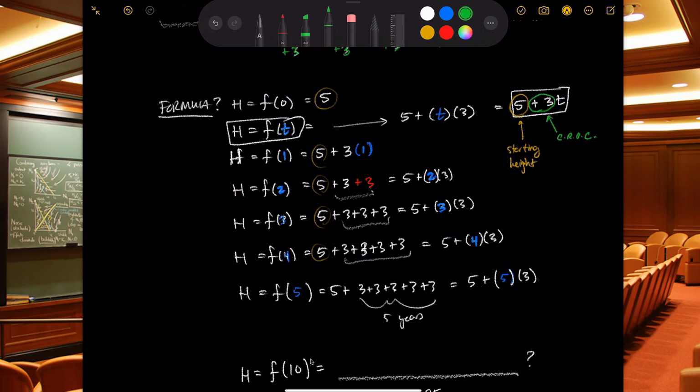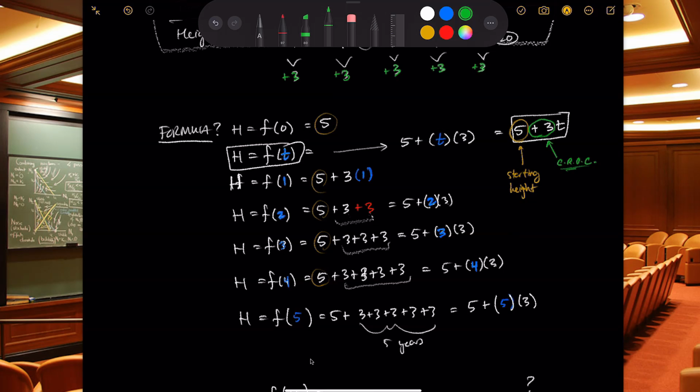And this is what we call slope-intercept form, or intercept-slope form, because what's here? The constant rate of change, we know that's called the slope for linear functions. So we have the slope, and we have the starting height. This is what we call the vertical intercept.